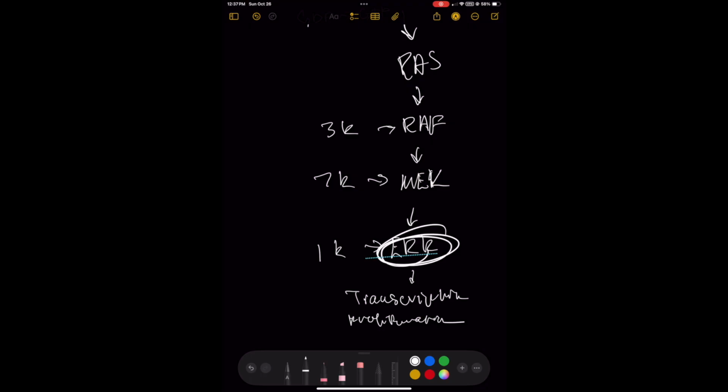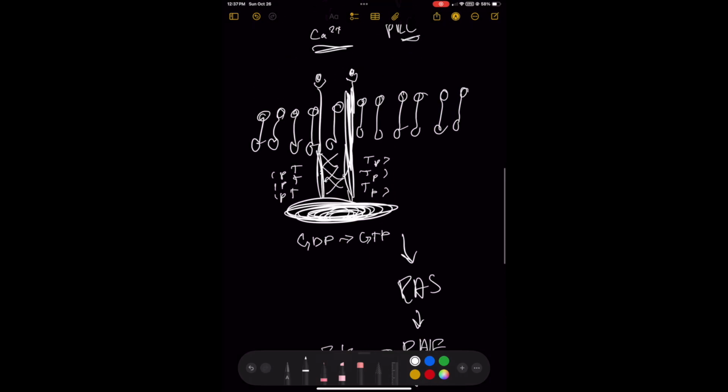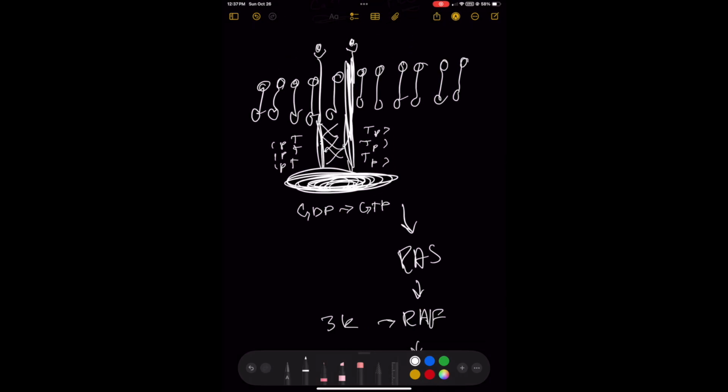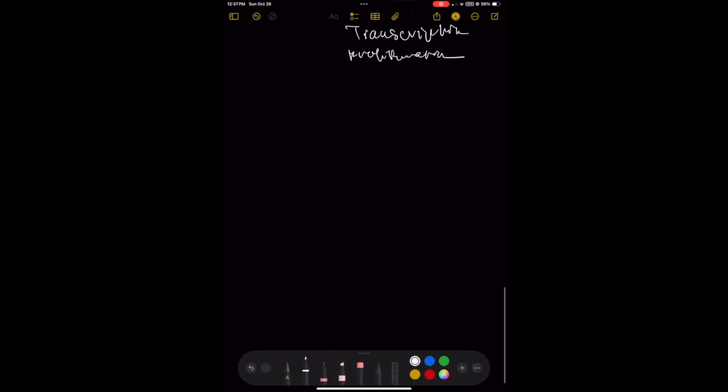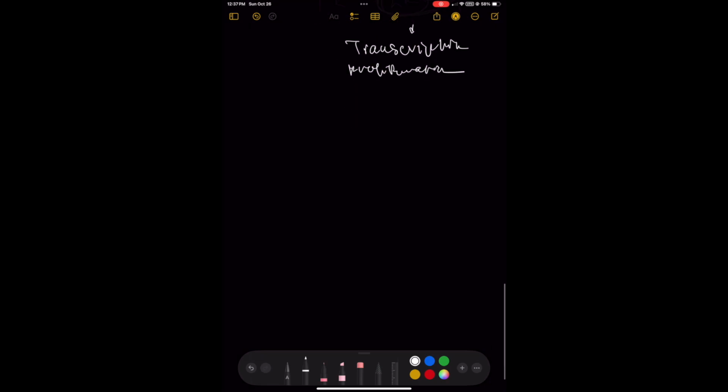And all of that is found within the tyrosine kinase pathway. The tyrosine kinase pathway also binds with insulin to begin the process of letting glucose into cells, and it has just a long list of different things. But I thought ERK was specifically important because of that transcription and proliferation of cells, and it seems very essential.